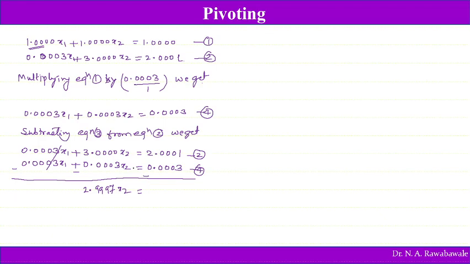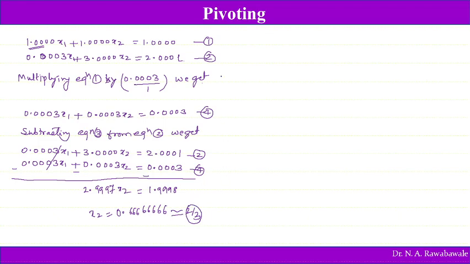So this is 1.9998. So x2, if we get here, we get 0.66666666. That is nothing but x2 is equal to 2 by 3. So if we simplify this, we get x2 is equal to 2 by 3.